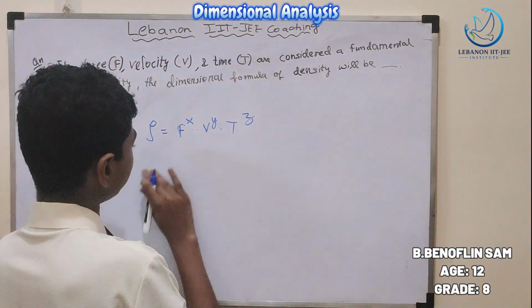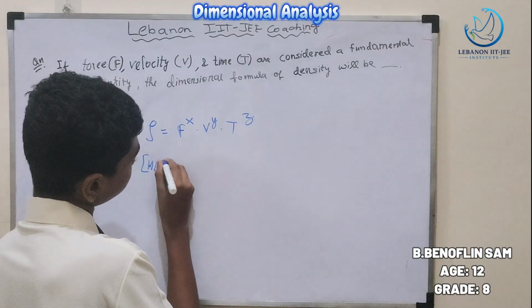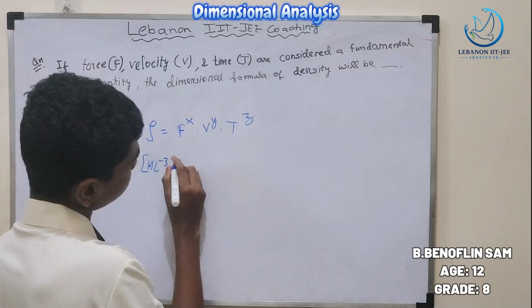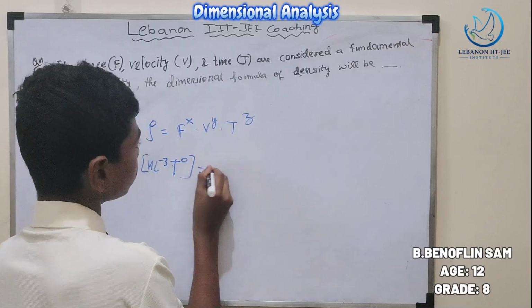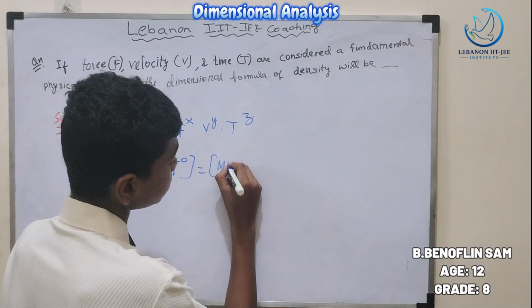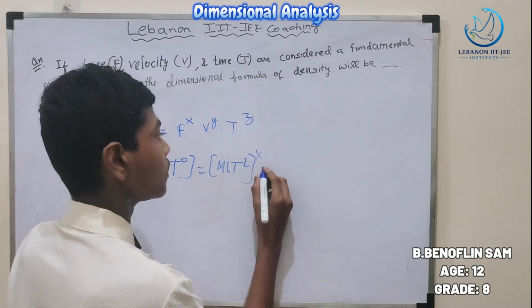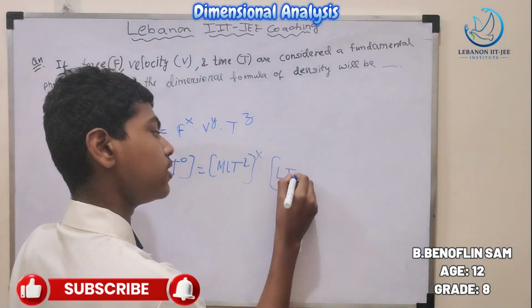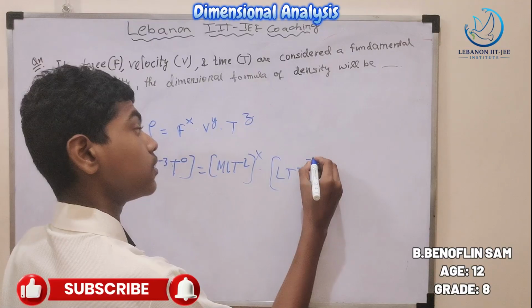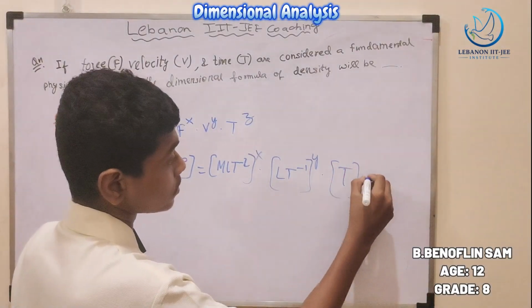So density will be written as ML to the power minus 3 T to the power 0. So here you take force as MLT to the power minus 2, whole to the power x, into LT to the power minus 1, to the power y, into T to the power z.